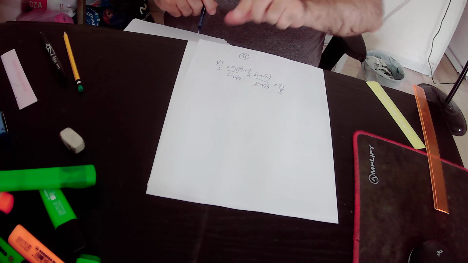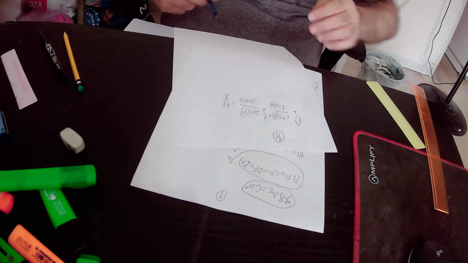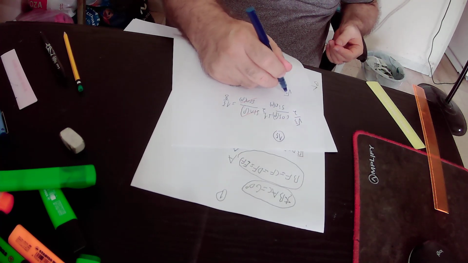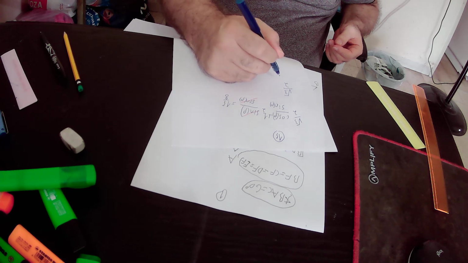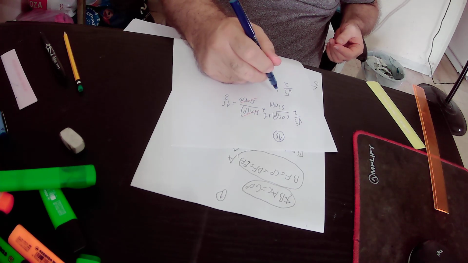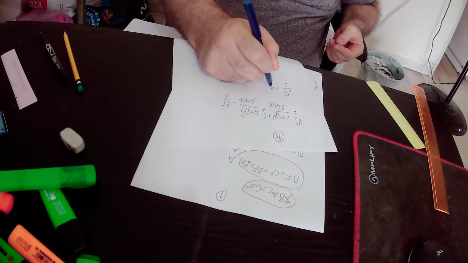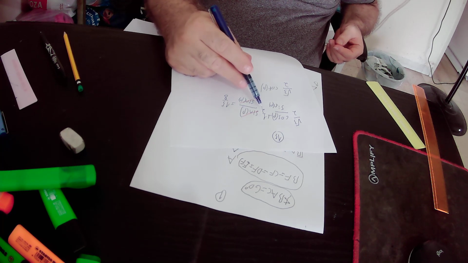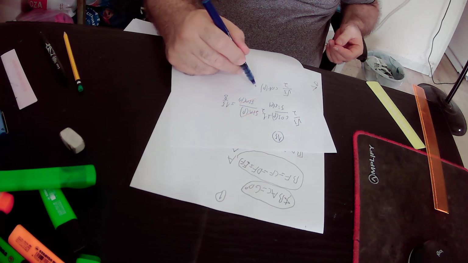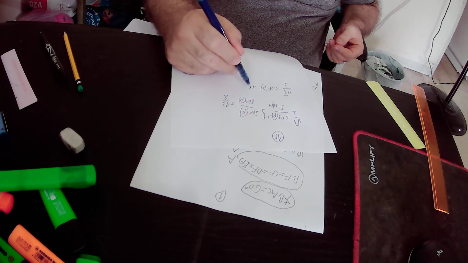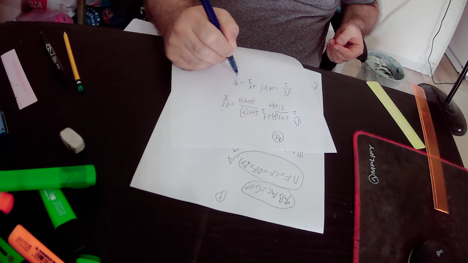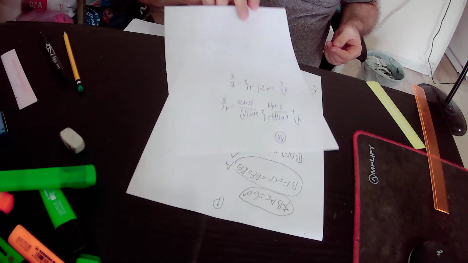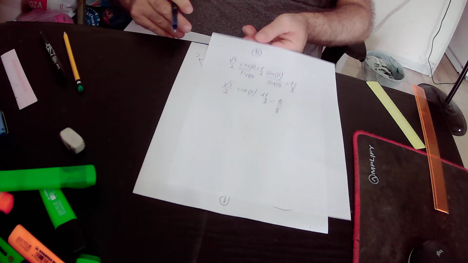So I write it down: root 3 over 2 times cosine p over sine p, which is cotangent p, and what is left here is plus 1 over 2, equals 15 over 8.